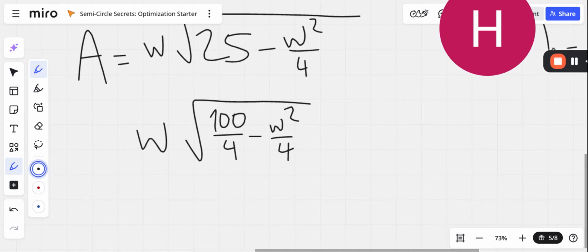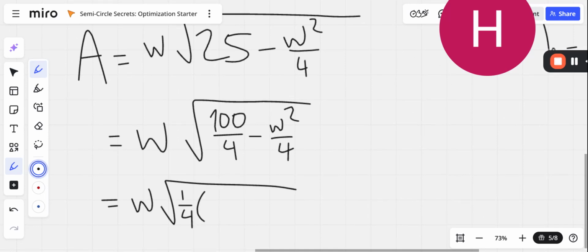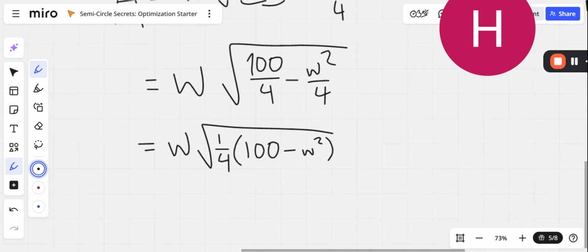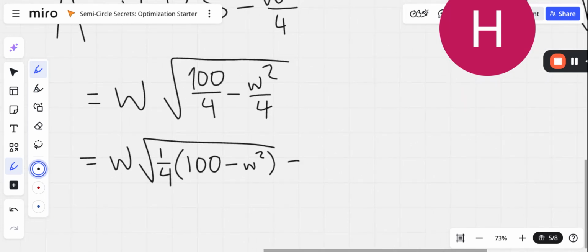And the reason why we might want to do that is because we can replace the 1 over 4 inside the square root with a 1/2 outside of the square root. You see, I've factored out a fourth, and it's still inside the square root, but 1/4 is 1/2 squared.